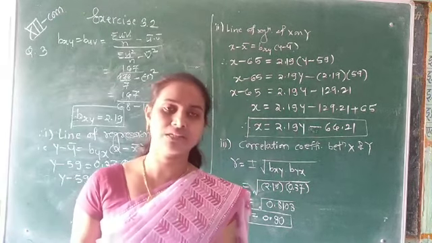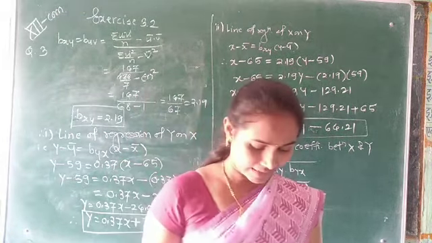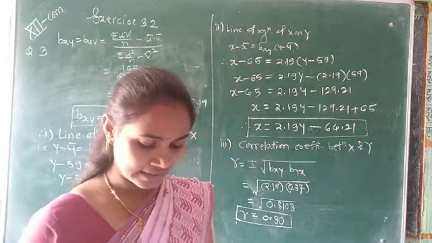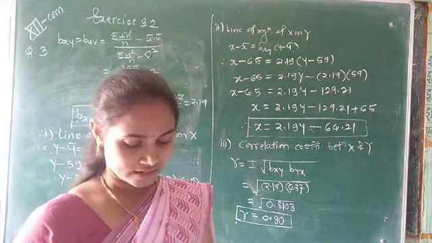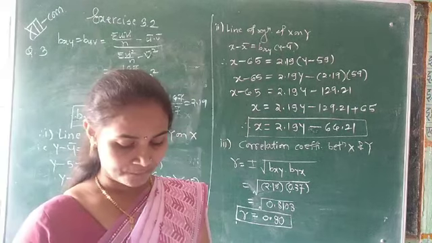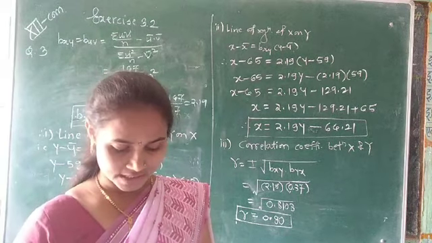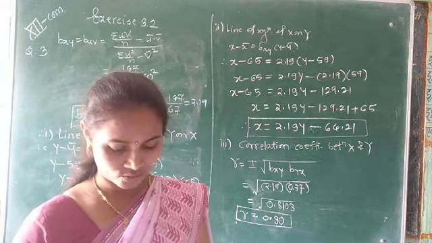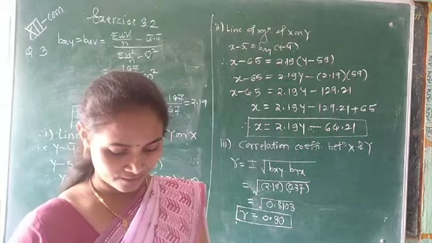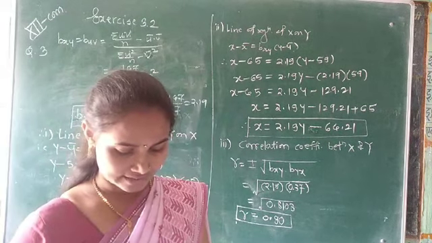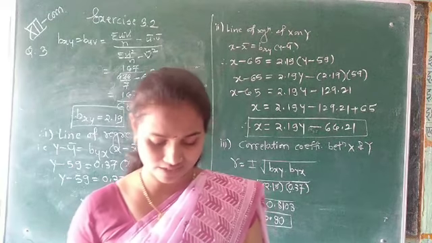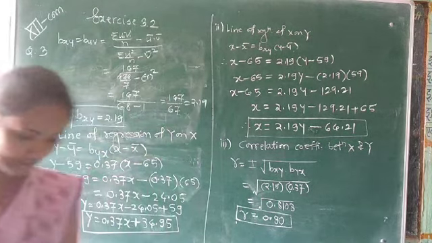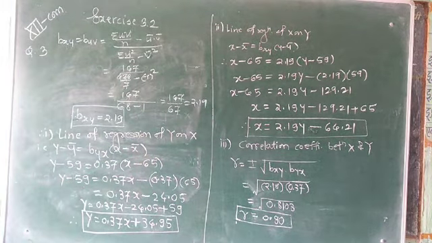Here we have to find the two regression equations. Next, what is the likely sales y when the advertising budget is 15, that means find y if x is rupees 15 lakh. And third, here we are given the sales, that means we are given y, and we have to find x if y is rupees 120 lakh. So let us start to solve our next question, question number 4.